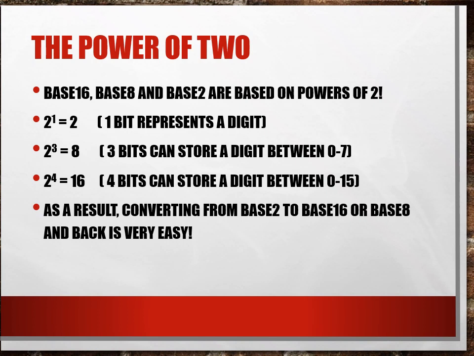Octal, 2 to the third power, we can look at any 3 bits in a binary number as an octal number and convert directly between them. Similarly, 2 to the fourth, which is hexadecimal, is base 16, any 4 digits can be used to store a number. And because these are all powers of 2, we can easily convert back and forth between them.